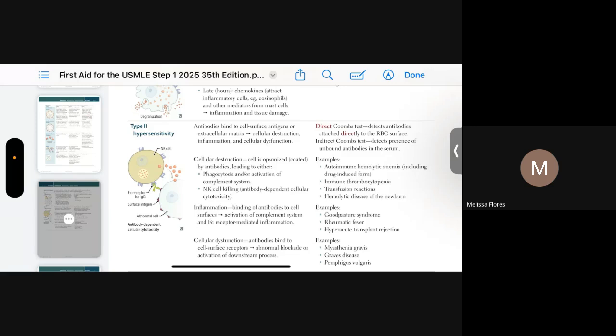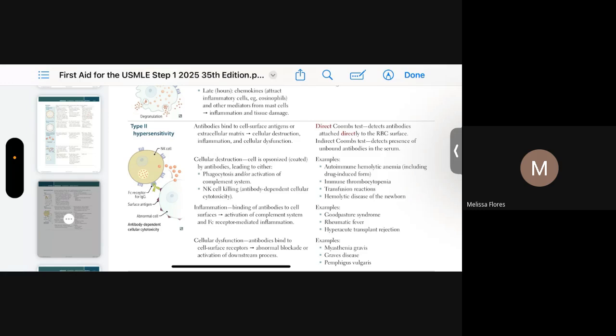So in type 2 hypersensitivity, the antibodies are going to go directly and sit on the surface of the antigen, and your antibodies can do two things. Either they can call the complement system to come and destroy a bug or an antigen, or they can tell your natural killer cells to come and destroy an antigen, right? Those are the two fates of your antibodies.